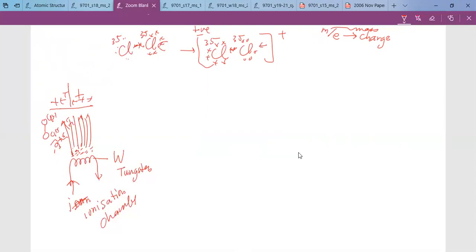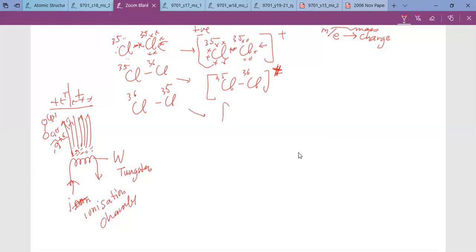Another possibility: let's say it's Cl35 and Cl36, positive. Then there are Cl36 and Cl35. I put that for a reason, you'll see why. Cl36 and Cl35, and a positive sign here.